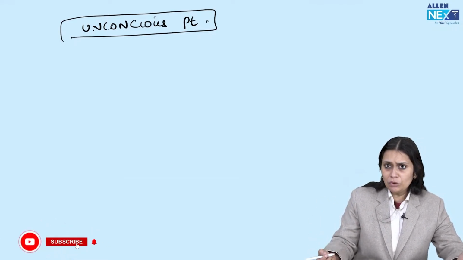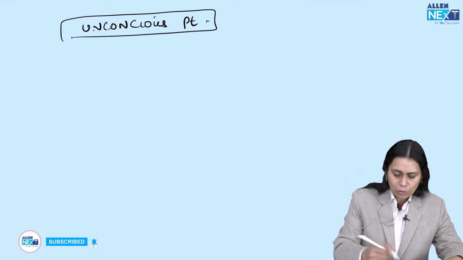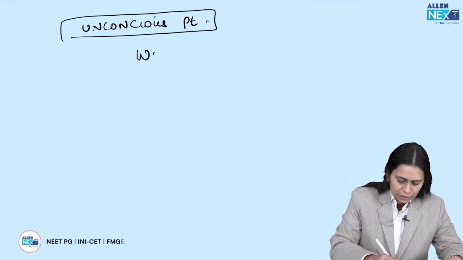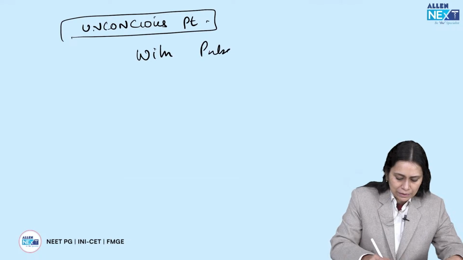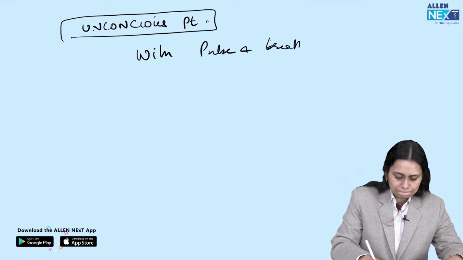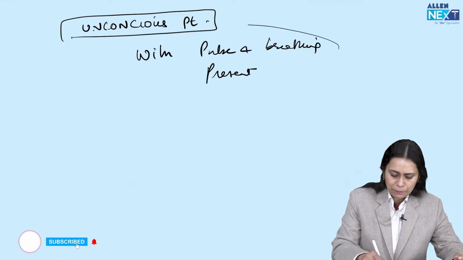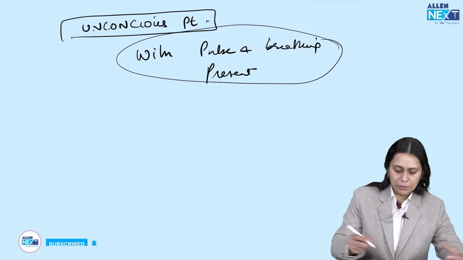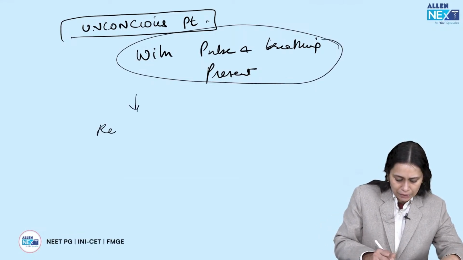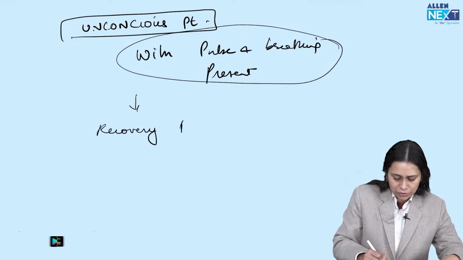So in BLS approach, we have to see the pulse and breathing. So unconscious patients with both pulse and breathing present are not in respiratory arrest, not in cardiac arrest. So what do we do in them? We make a recovery position.